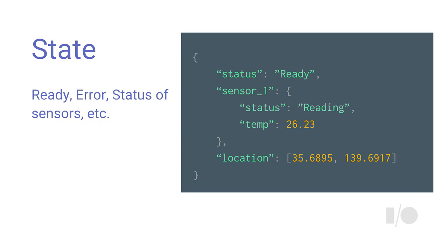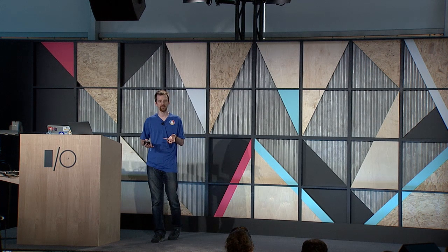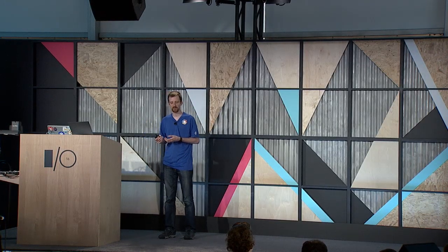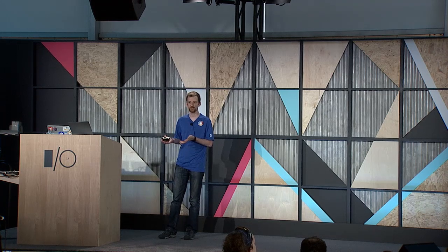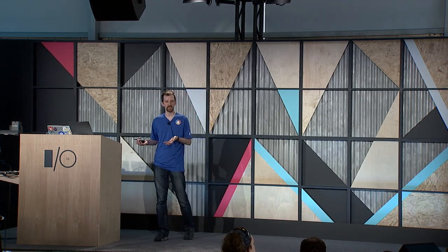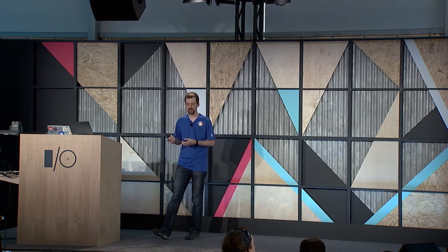Also, state data. State data is very similar to metadata, except that it will change fairly often because the device itself might change state or change location. So here we might have the status of the device, whether it's ready, or in an error state, or failing. You might have the status of each and every one of the devices or sensors.